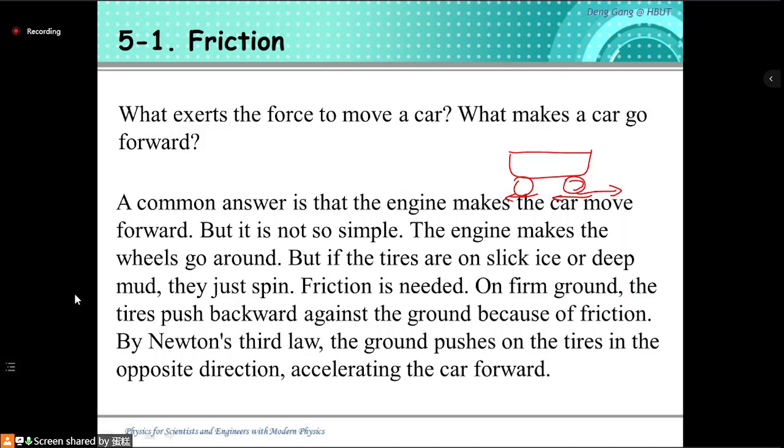It will reduce the speed. But obviously this one is more powerful. So that's why you are still accelerating. But for the cars with four wheels, the engine will spin both.